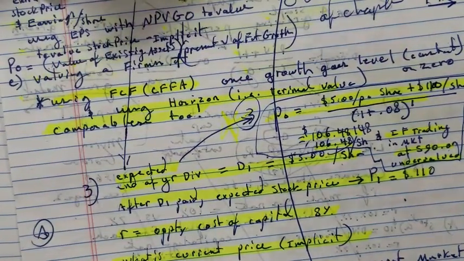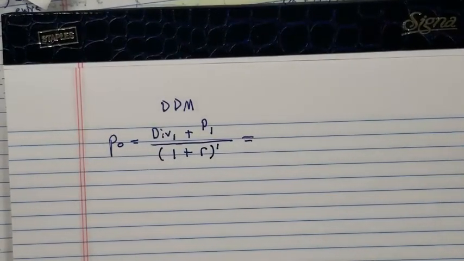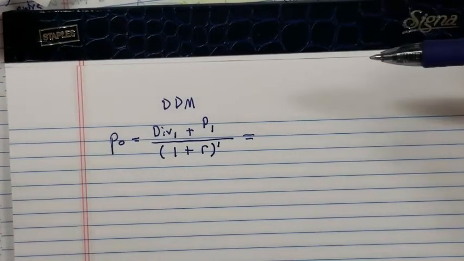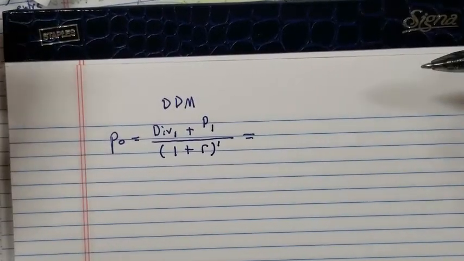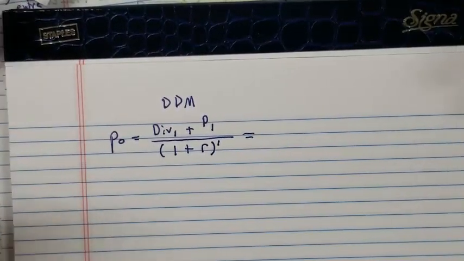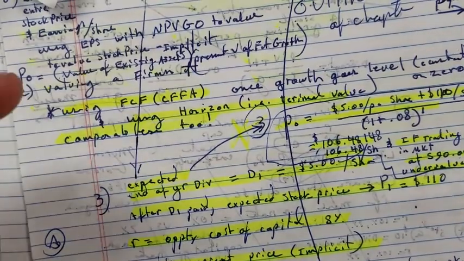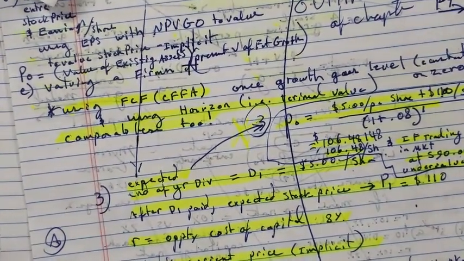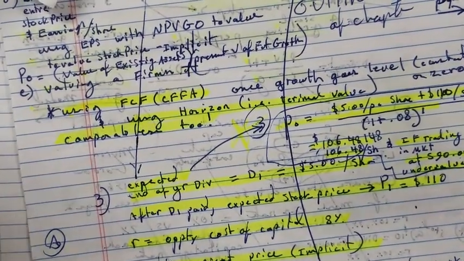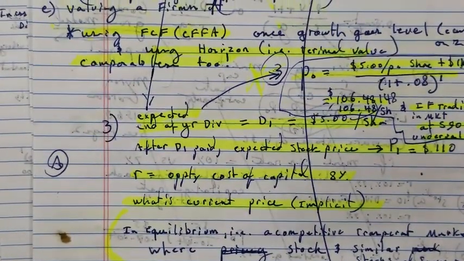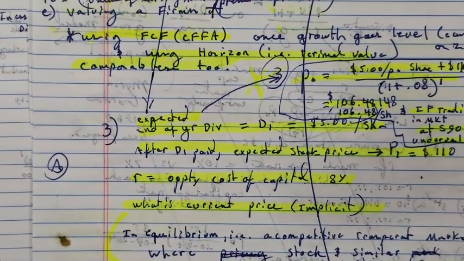Again, this model right here is the dividend discount model. It's the beginning of it. It represents the value of stock in a nice competitive market where everything's working just fine. Stocks are basically of the same risk levels, and that's the cool thing about it.